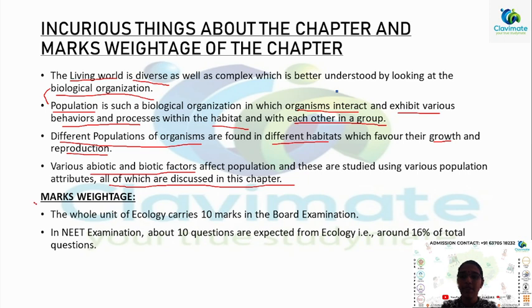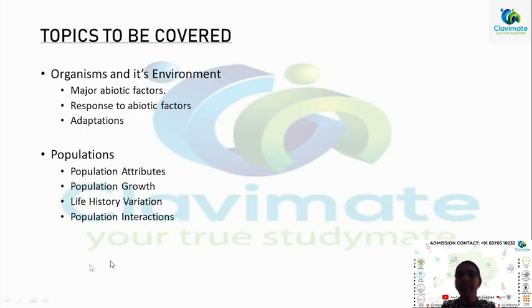So coming to the marks weightage, the whole unit of ecology will carry 10 marks in the board examination and NEET examination. About 10 questions are expected from ecology, which is around 16% of the total questions. Now let's come to the topics to be covered.